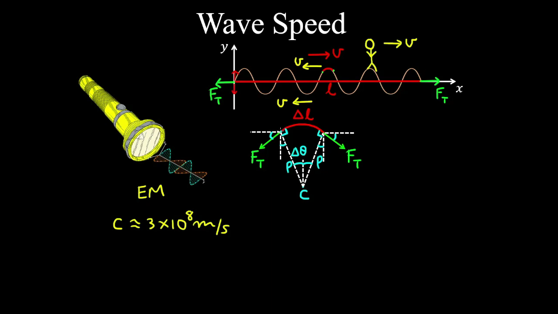Now if we take a sum of forces in the horizontal direction, we have minus Ft cosine delta theta plus Ft cosine delta theta. So given the forces balance, the string element is in dynamic equilibrium in the horizontal direction.